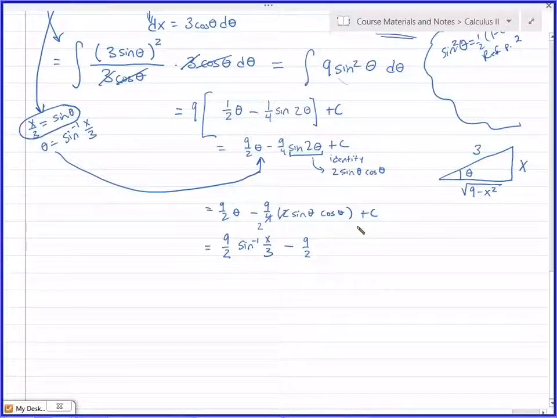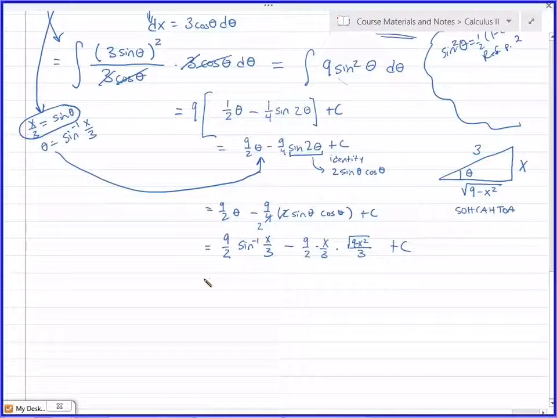What's sine of theta on this triangle? X over 3. And what's cosine of theta? So cosine is adjacent over hypotenuse. Remember, so adjacent over hypotenuse, which makes this square root of 9 minus x squared over the 3 plus c.